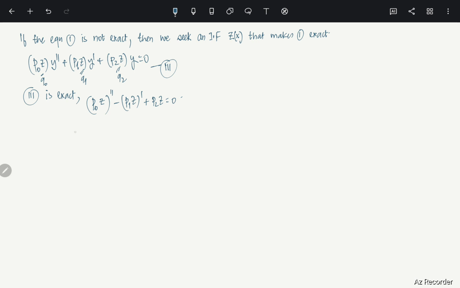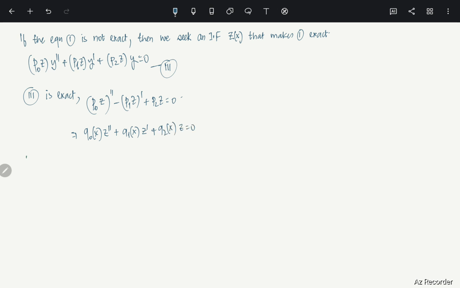This will actually give you, so I will write this equation as q0 of x z double prime plus q1 of x z prime plus q2 of x z equals 0.